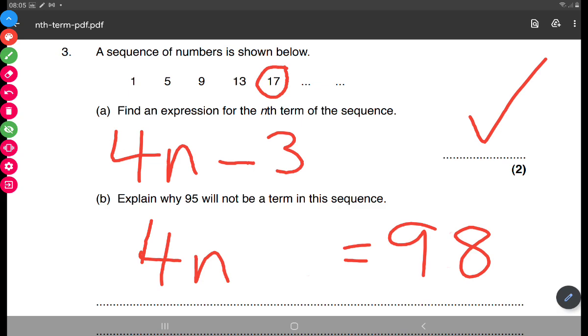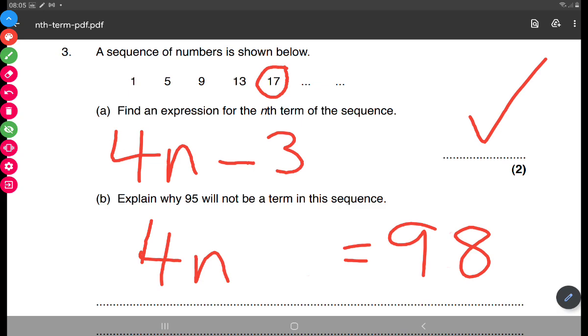So that's why 95 is not in that sequence. Anyway, we used algebra to work it out.